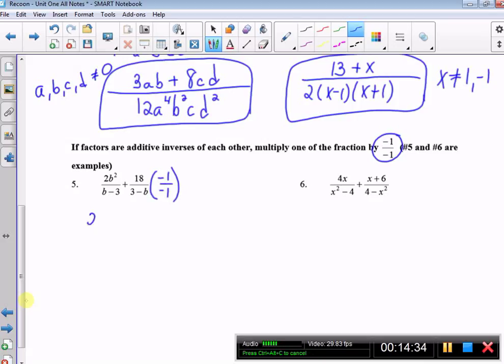So I've got 2b squared over b minus 3 plus negative 18 over, now if you take and distribute this, you get negative 1 times negative b. Well, that's positive b, exactly what you had in the first fraction. And take negative 1 times 3, minus 3. So now you've got identical denominators. You do not need to multiply this by b minus 3.